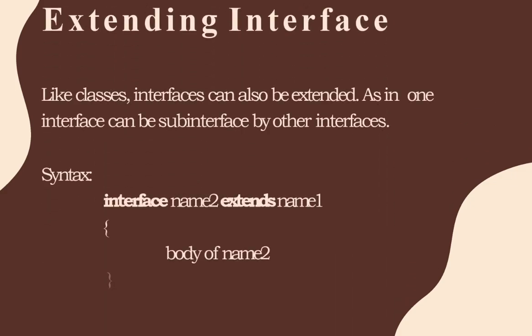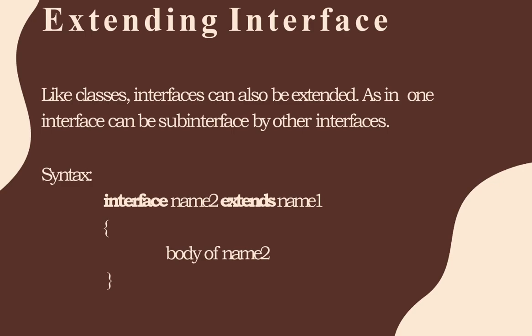Moving on, now we will see how an interface can be extended. In classes, you use the keyword extends, and where do you use it? You use it when you want to inherit a class. What is inheritance? It's also a basic concept of OOPS.